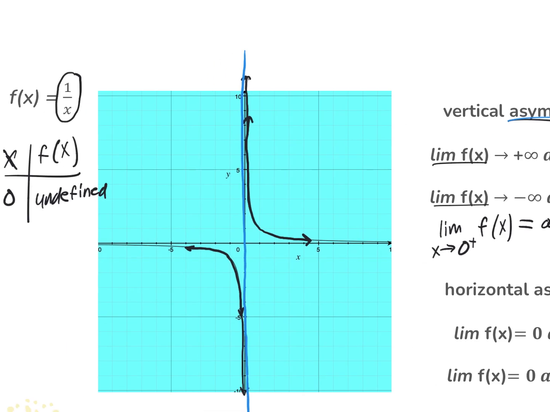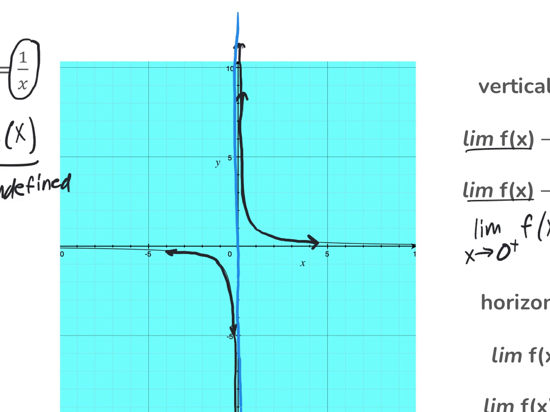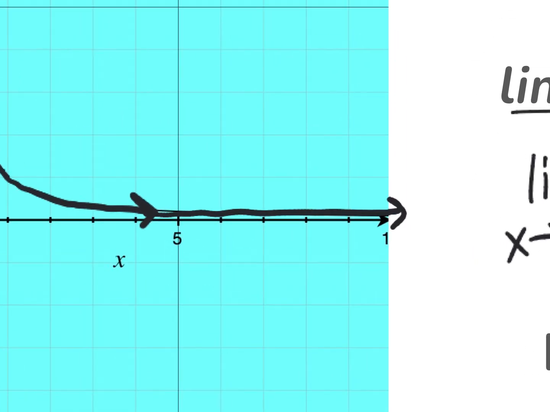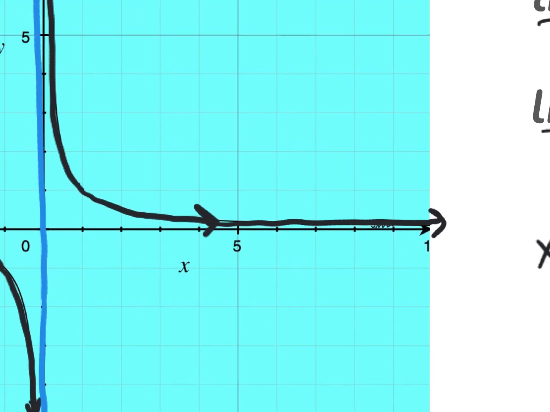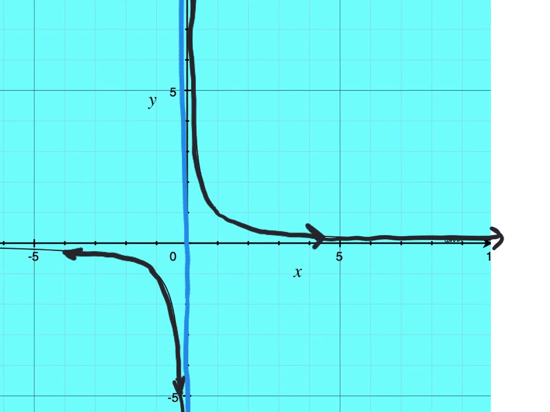You have a similar behavior happening as you go more and more to the left and to the right. As you're going to the right, there's still this little gap right here, and you approach the x-axis.